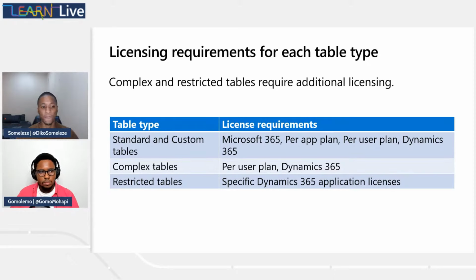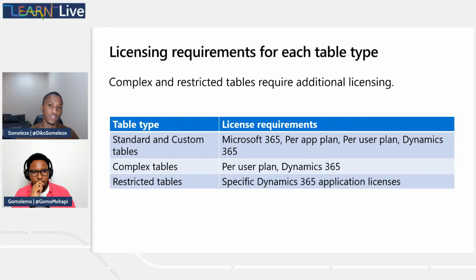What you see on the screen, for example, is that standard and custom tables would require the Microsoft 365 license, the per app plan, per user plan, Dynamics 365, whereas complex tables require the per user plan, the Dynamics 365 plan. So like I just mentioned, complex and restricted tables require additional licensing.